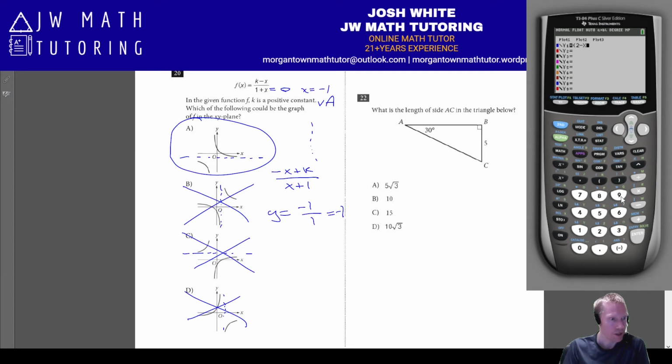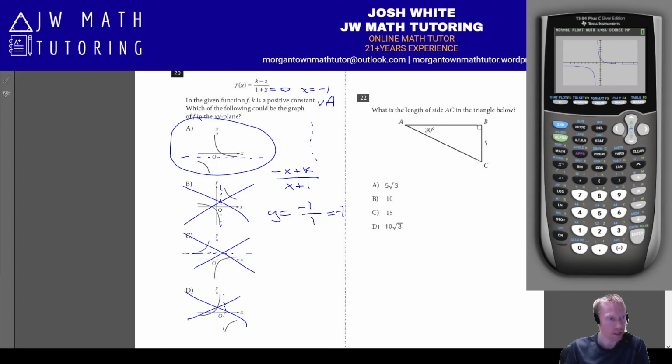So I've got 2 minus x, and then on the bottom, 1 plus x. So now I'll go ahead and graph that out. It's not going to look identical to the answer choices here, but there's one that it will look much closer to than all the others.